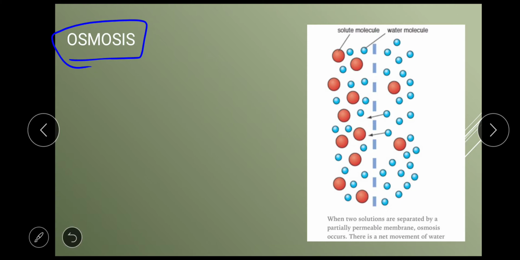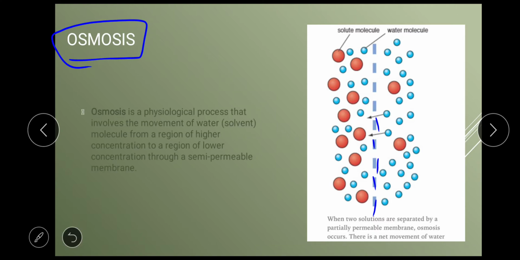Semi-permeable means you can see that there are walls here, so few things can pass, few things cannot pass. This is called as semi-permeable. So osmosis means movement of water from a region of higher concentration to a region of lower concentration.